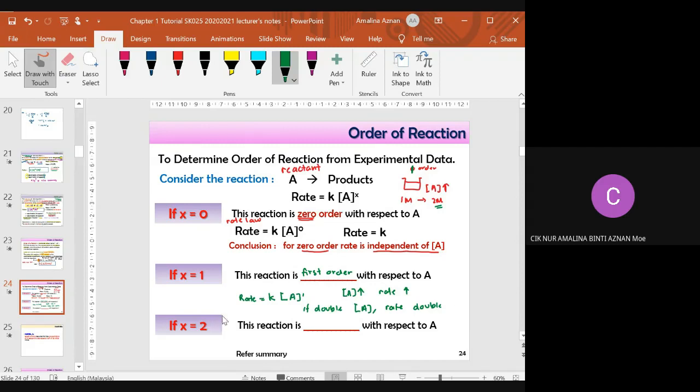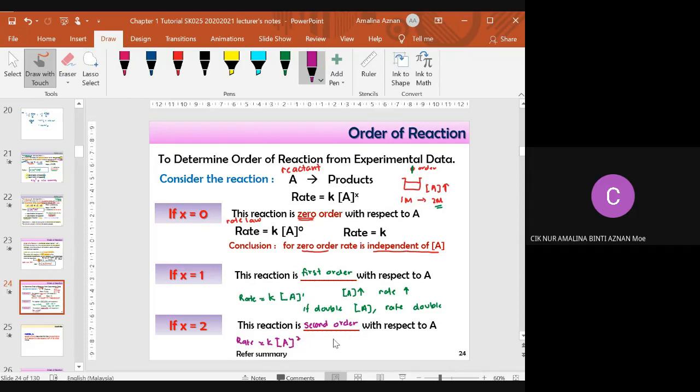For the next one, which is second order. If it says this reaction is second order with respect to A, the concentration of your reactant, then when we write the rate law, rate equals rate constant times A to the power of 2. This is its order.